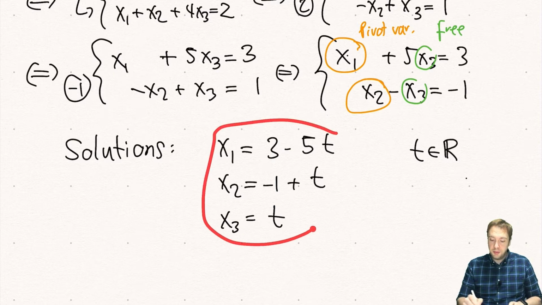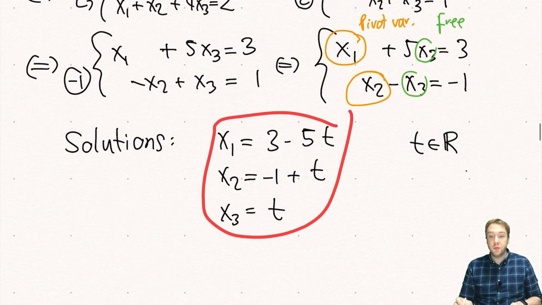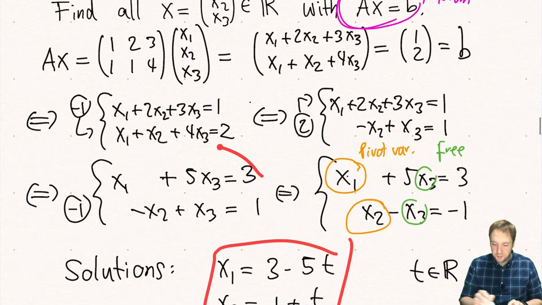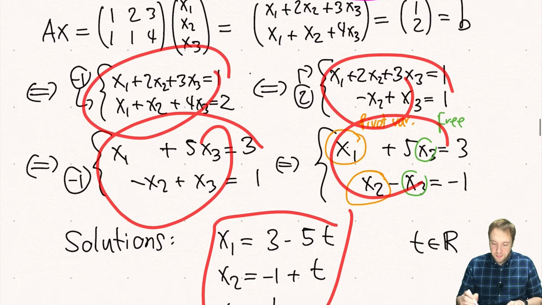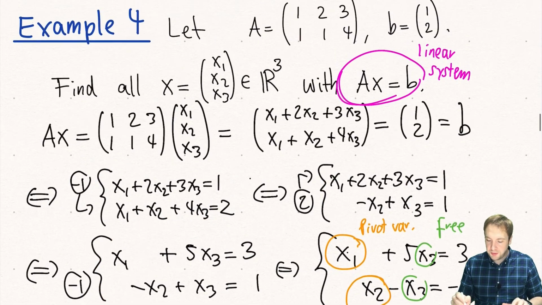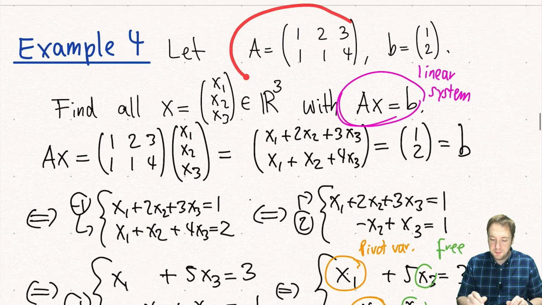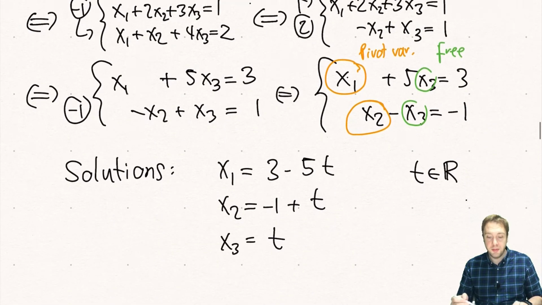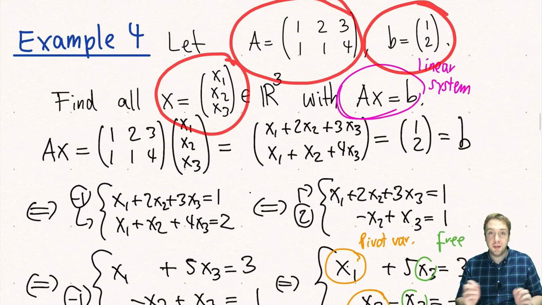So here we see these are our solutions to all of these linear systems. But this also gives the entries of the vector which satisfies this equation. So if I multiply this matrix with the vector x, which has these entries for arbitrary t, then I will always get this vector b.